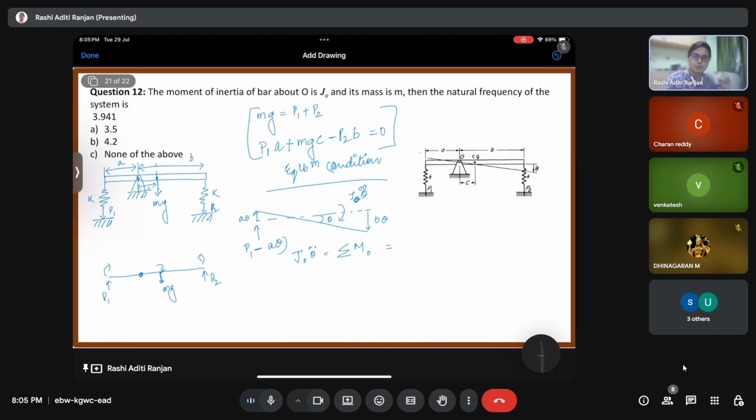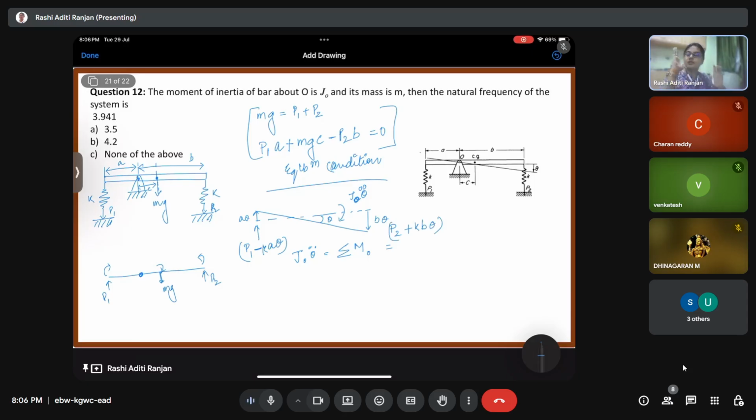The total deformation over here is going to be this. While here there was already P2 in the upward direction, right? And now since the spring has compressed, this P2 will get increased by plus B theta, definitely multiplied with K.